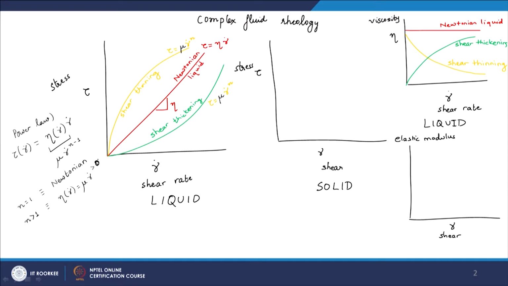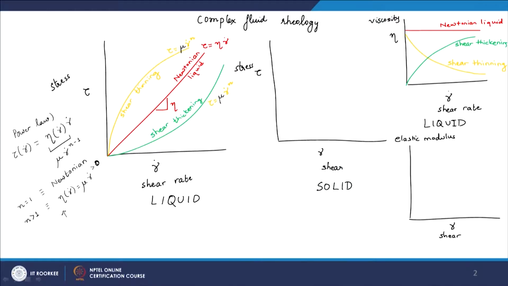So, it is a positive power of gamma dot. So, as I increase n beyond 1, let us say if it is 1.1, then it is gamma dot to the power 0.1. It is a positive power. So, this will increase with increase in gamma dot. So, this will be the shear thickening behavior.